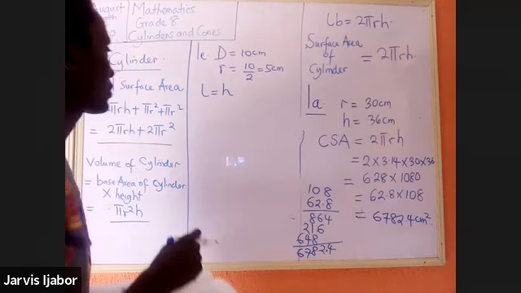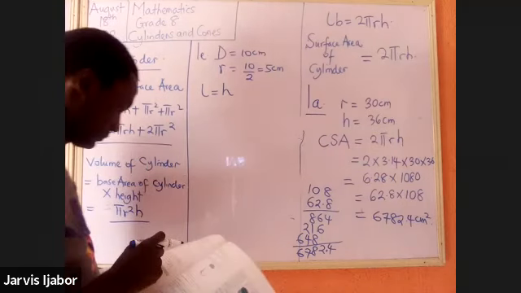So take note of that. So that will be equal to 18 cm. So what is the curved surface area? Curved surface area will be equal to 2 pi r h: 2 times 3.14 times radius 5 times 18. Are we together?